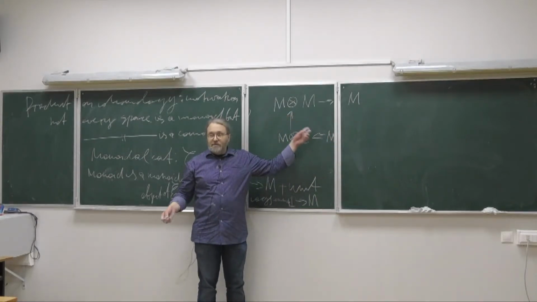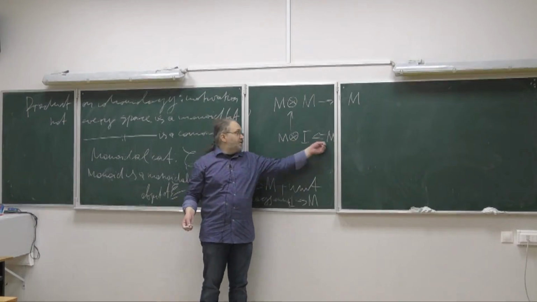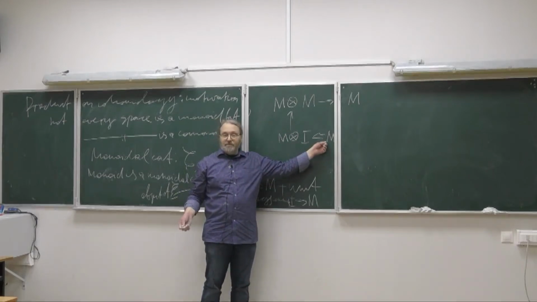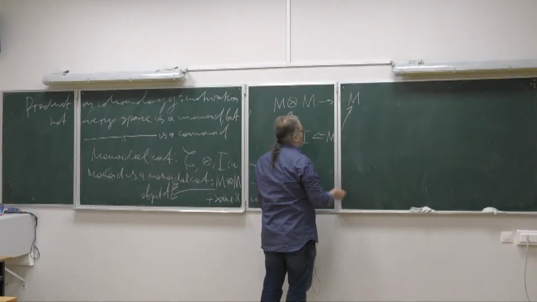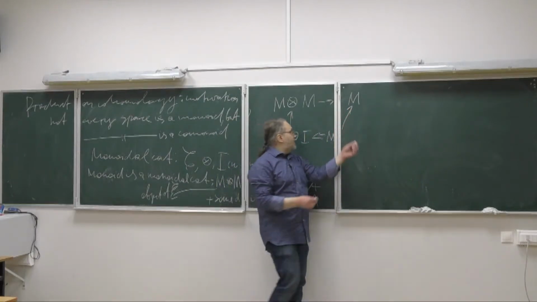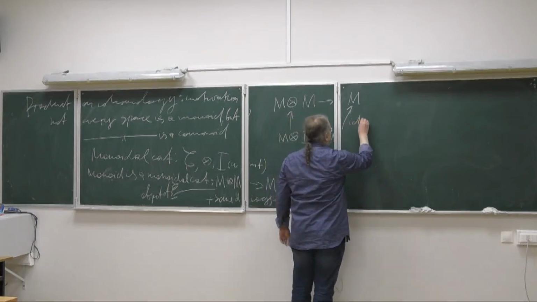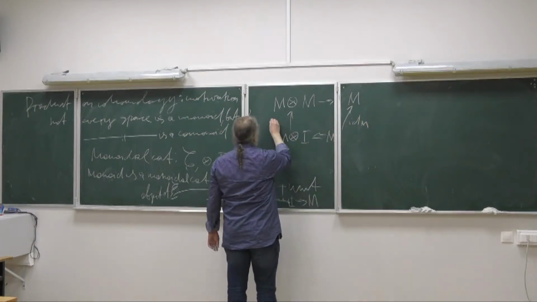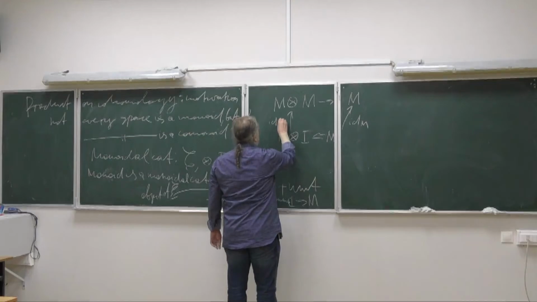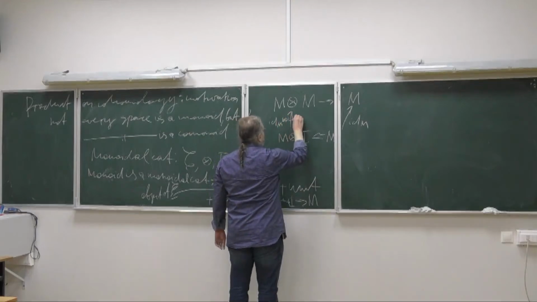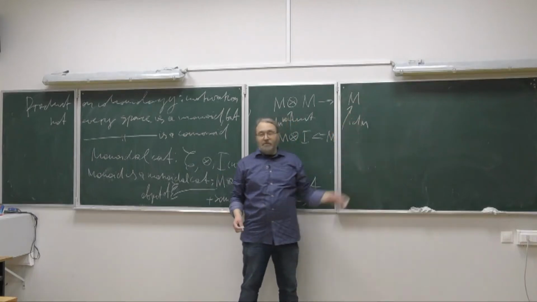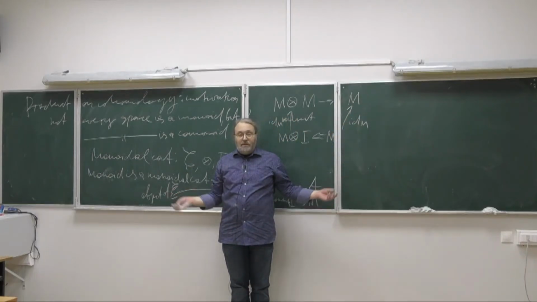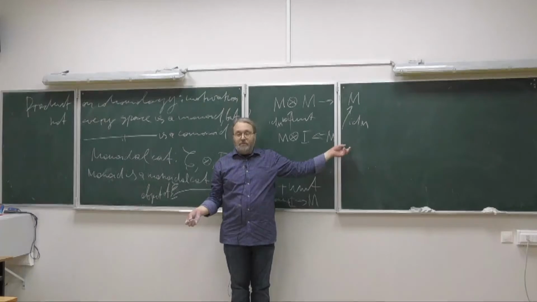I is a monoidal unit, so I have this natural isomorphism, and I also have the identity morphism from M to M. And I simply require that this diagram should commute.